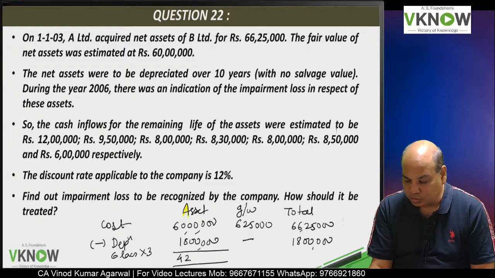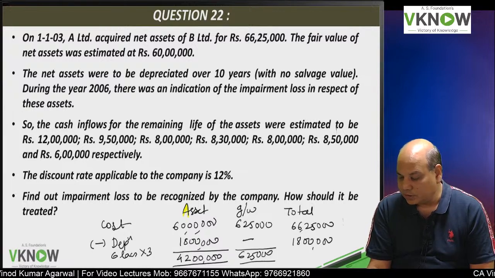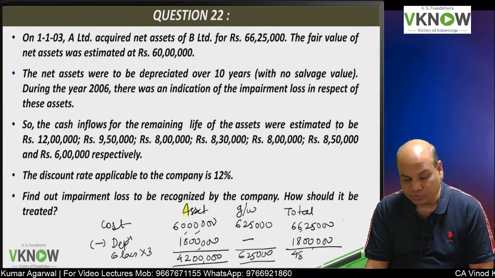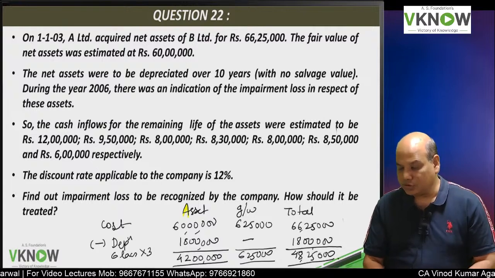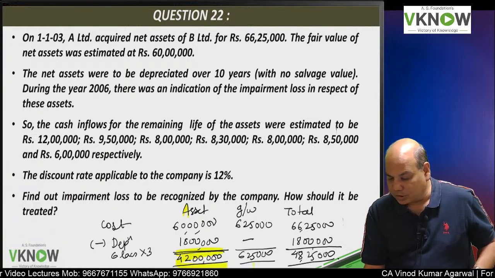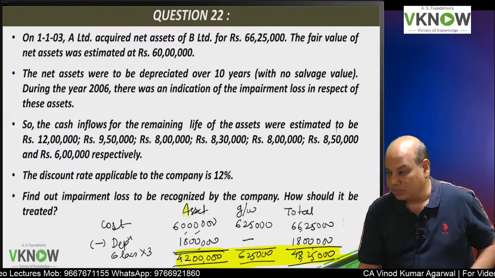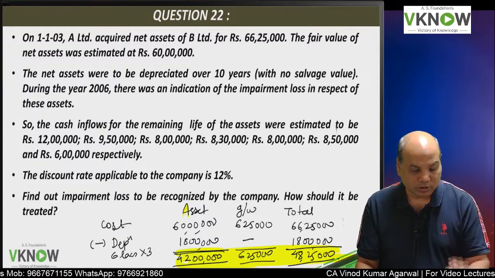Therefore carrying amount today after 3 years, 42 lakh, 6,25,000, and this is 48 lakh 25,000. So this is my carrying amount right now. I'll highlight it. This I will require for impairment calculation. Okay, so step number 1 is carrying amount, done.